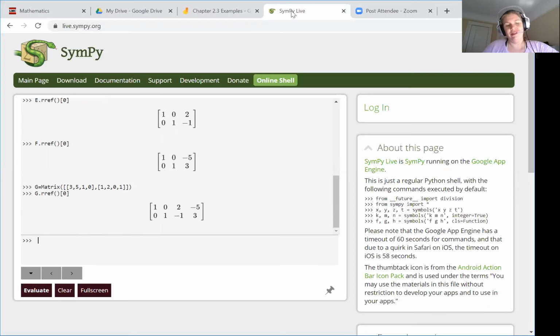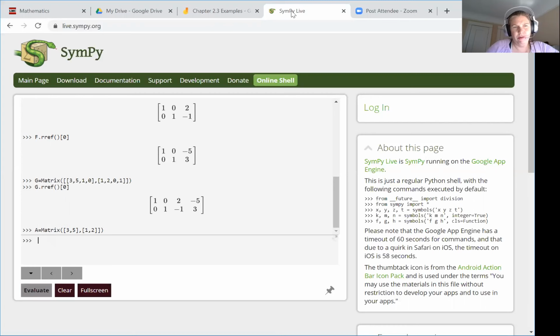So you can actually in Sympy even type A star star negative 1 to get that exponent representation, except I didn't call my matrix A, did I? I don't know if I've defined matrix A yet. I gotta put matrix A in here first. So A is the matrix, 3, 5, in the top row, and 1, 2, bottom row.